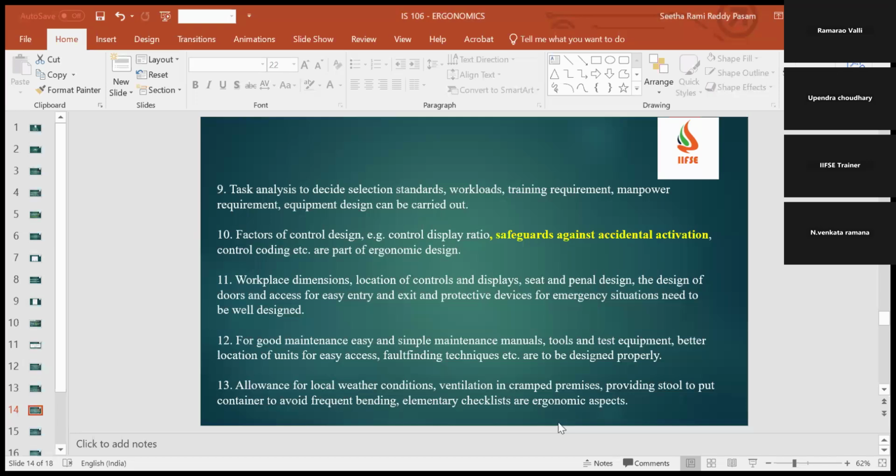Then ventilation in cramped premises, where if you're working in certain atmospheres the ventilation will be very low, how you are designing your ventilation, like artificial ventilation, if natural ventilation is not available.